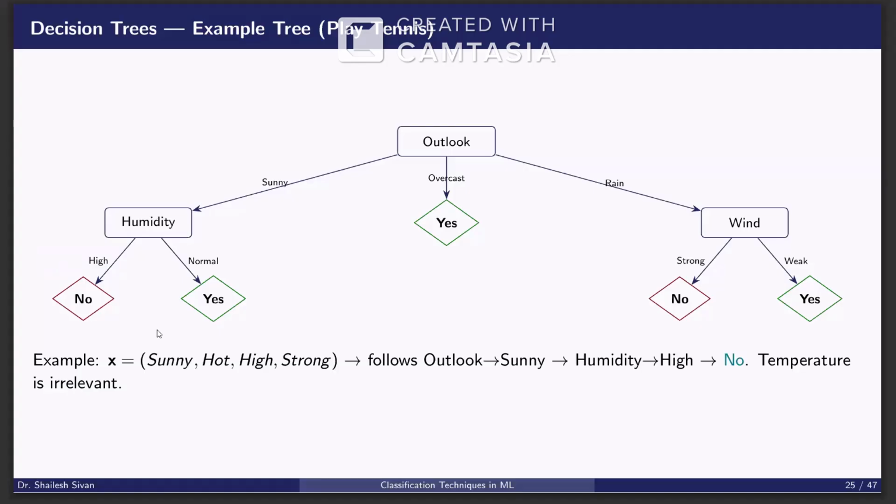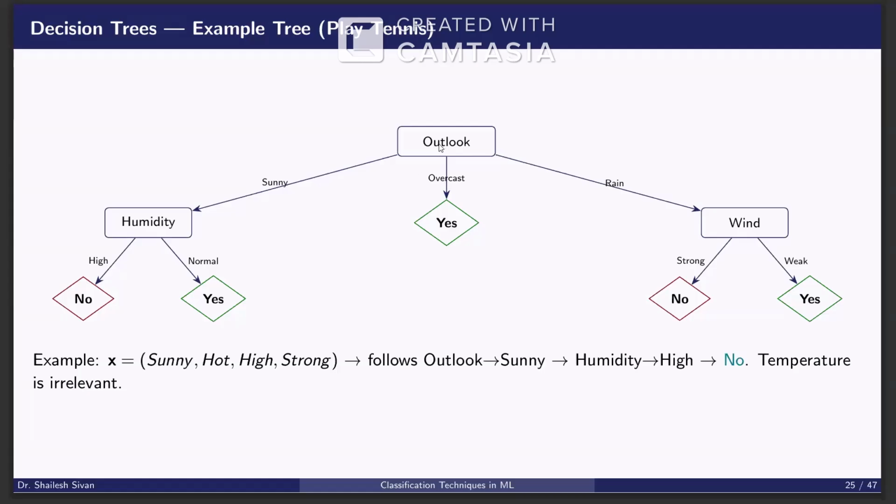First, we will find out among the features which feature is more important, and based on the different values of that feature, we will grow the tree. For the previous data, if outlook is overcast, definitely I will play.